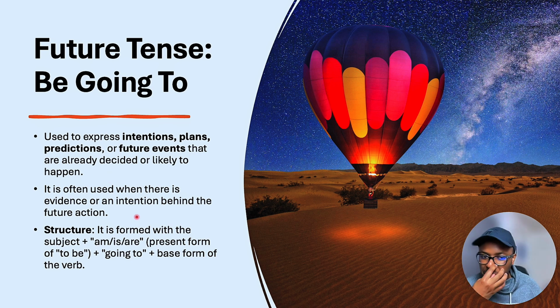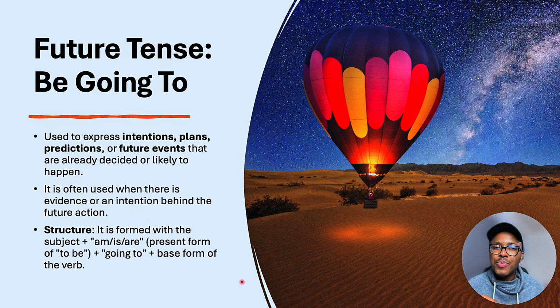Structure: it's formed with the subject plus am, is, or are, depending on the pronoun, which is the present form of to be, plus going to plus the base form of the verb.